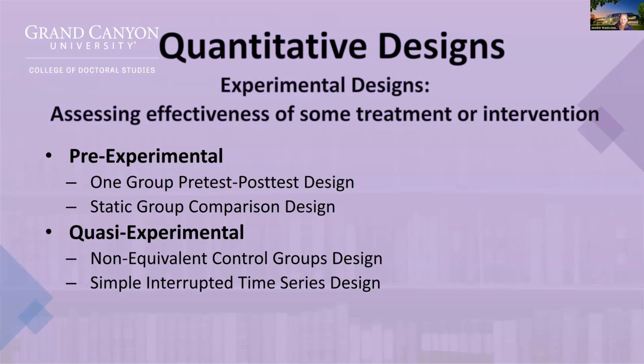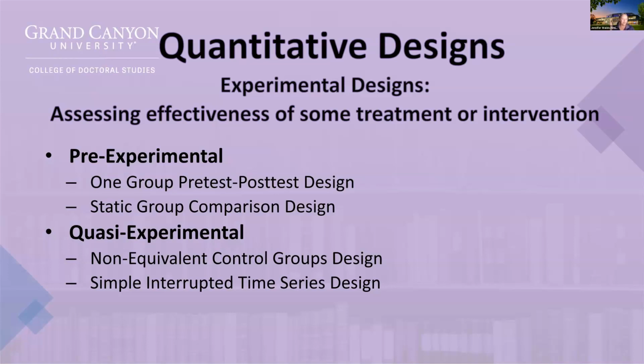We might do a static group comparison design where we have something similar to what I talked about, but we also add a secondary group. So we look at one group post-intervention, another control group that didn't get the intervention, and we compare the post scores, for example. Or we might use a quasi-experimental design, which is even stronger than the pre-experimental. And here we might do non-equivalent control group designs or simple interrupted time series design.